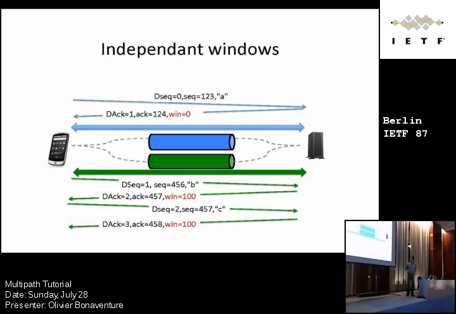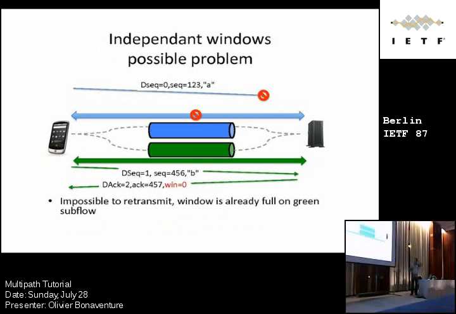If you set the window to 0 over the green subflow, it means that you no longer agree to receive any data over the green subflow. But if you lose the blue subflow at this time, it will be impossible for the client to retransmit the data over the green subflow, and we are in a deadlock between the client and the server. So for this reason, in Multipath TCP, we don't use independent windows.